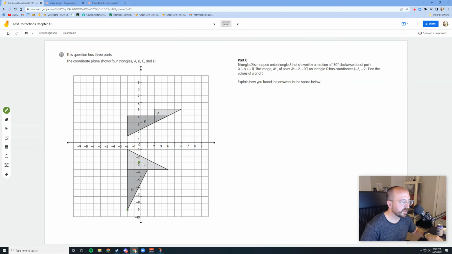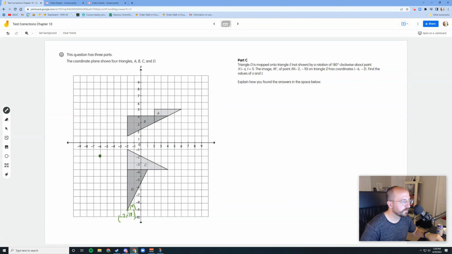This thing's messed up. Look, this is 3, 4, 5, 6, 7, 8, 9, 10. This is -2, -10. Just trust me, that's what this shape is. So this point M is going to rotate 180 degrees, and it will go to -6, -2. Right?